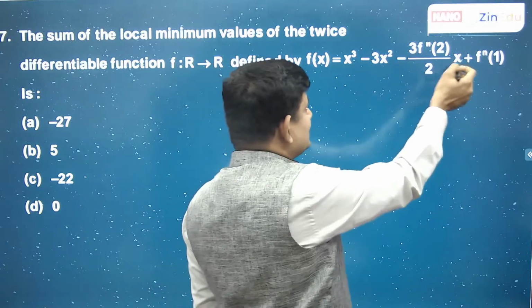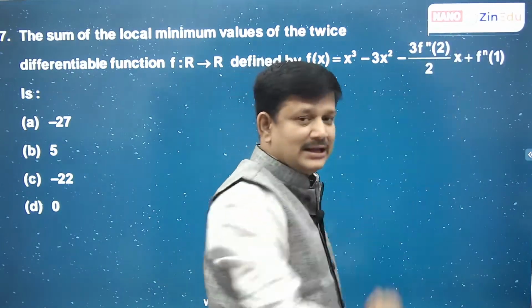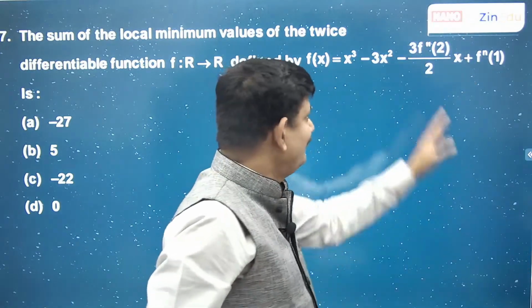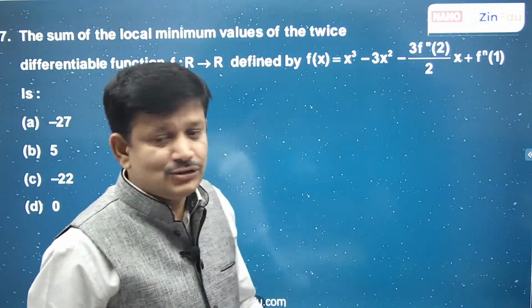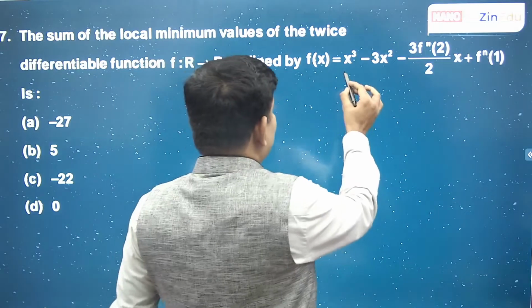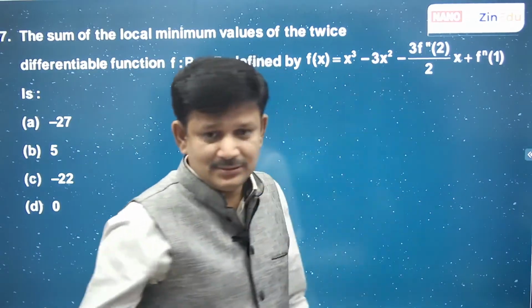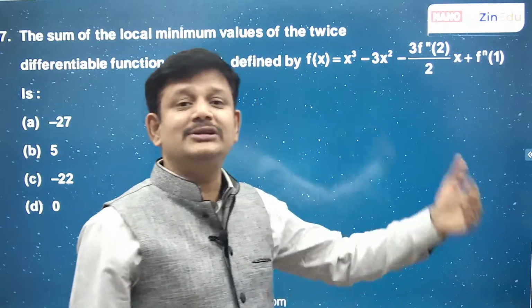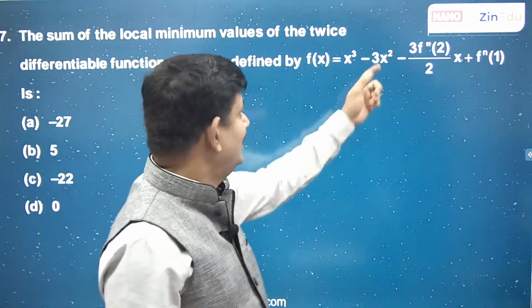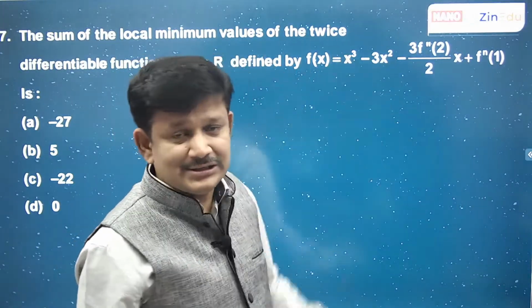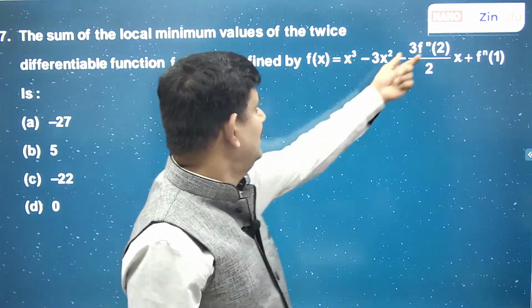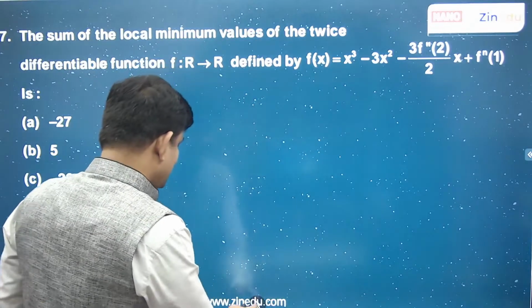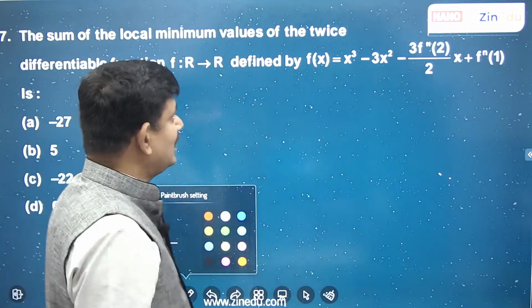Instead of giving the equation directly, he is just putting some numbers here, f double dash 2 and f double dash 1. So the second derivative will purely depend on these two numbers. Yes or no? Linear and constant terms, when you differentiate two times, vanish. At the most, x square and x cube will contribute. So indirectly these are also given. There is nothing hidden in this question, but he just wants you to invest some time on it.